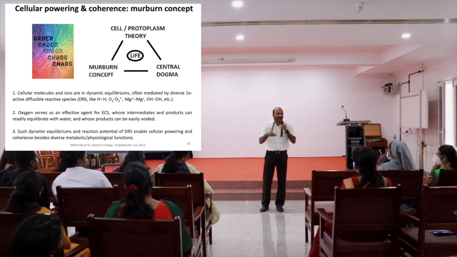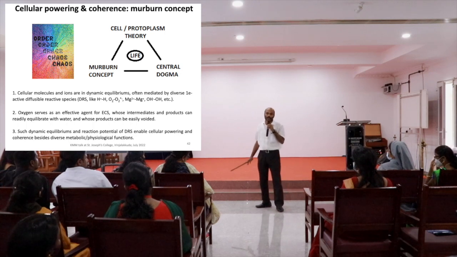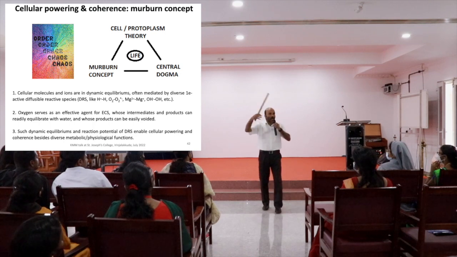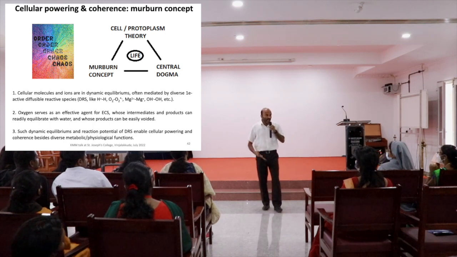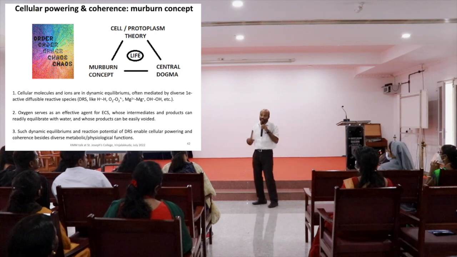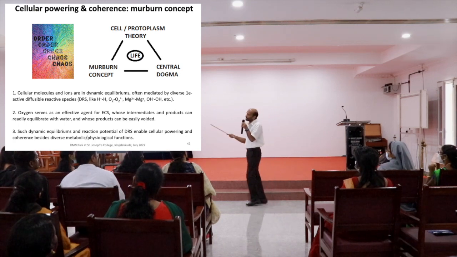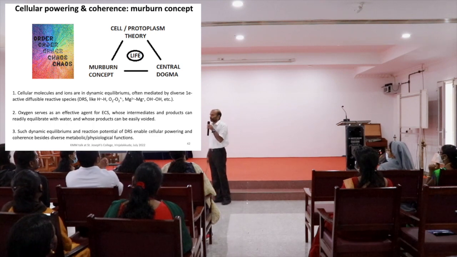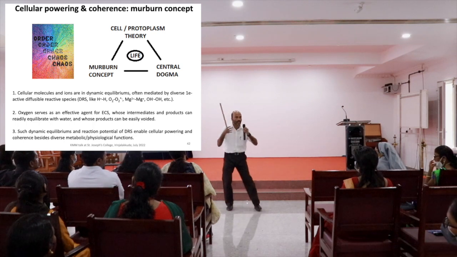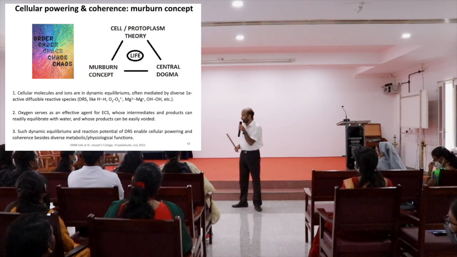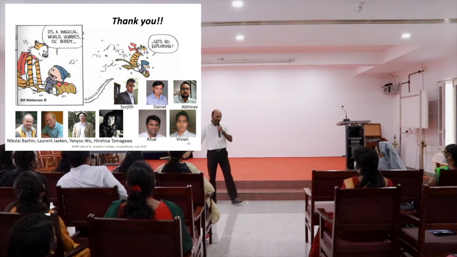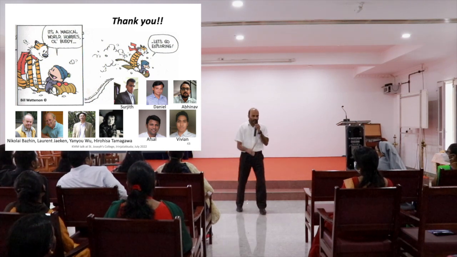It can equilibrate, so the water can be used to wash away the products. So imagine a condition when there is not much specificity. Life has to evolve before genes. This is the fundamental principle that allowed some selectivity before the selective mechanisms came in. So DRS enables cellular powering and coherence, and how they connect the different parts of the cell. Okay? So metabolic and physiological functions. So the last slide, I've ended my time, 1 hour.